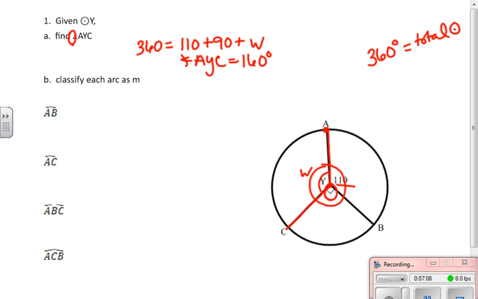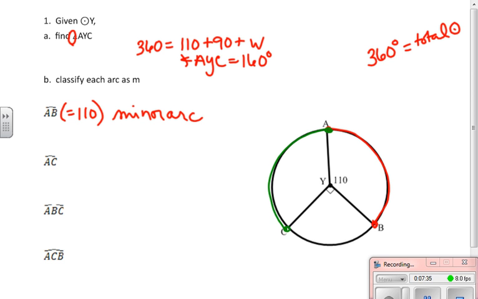If we are talking about classifying the arcs in this picture as major, minor, or semicircle, arc AB, A to B, is 110, and so that means it is a minor arc. Arc A to C, we just found out, is 160 degrees, so that is also a minor arc.